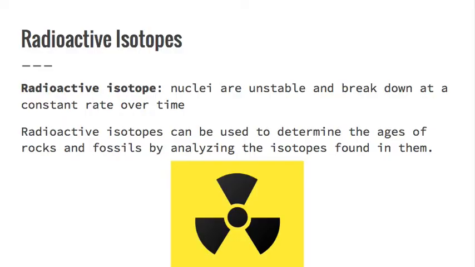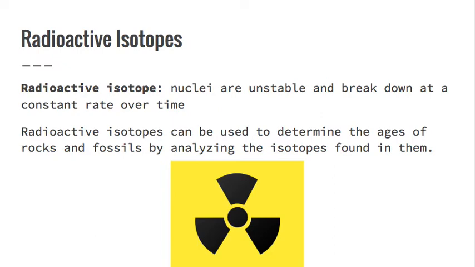Alright, so radioactive isotopes are unique in that the nucleus of the atom is unstable, and it's going to break down at a constant rate over time. So we use radioactive isotopes to do radioactive dating, which measures how old a rock or a fossil is by determining the isotopes found in them.